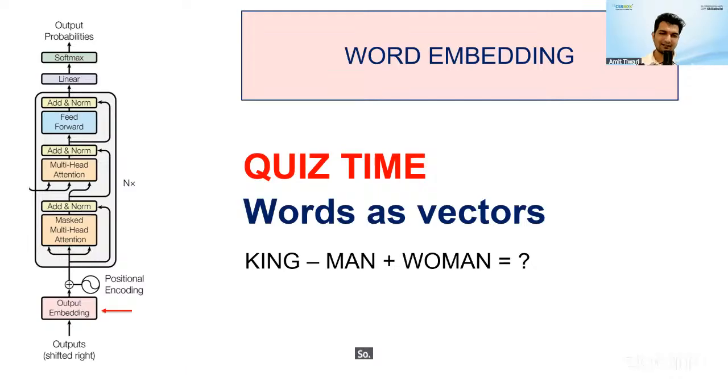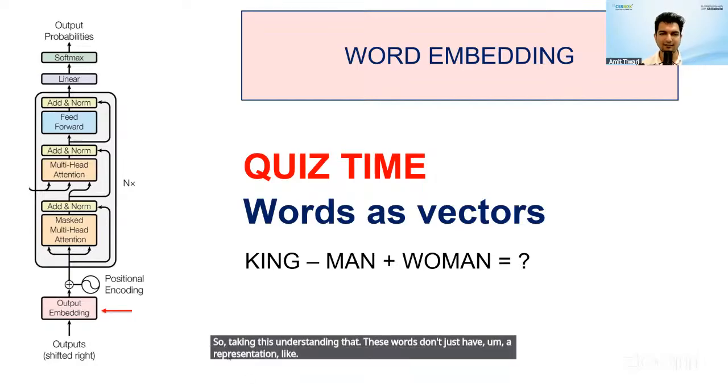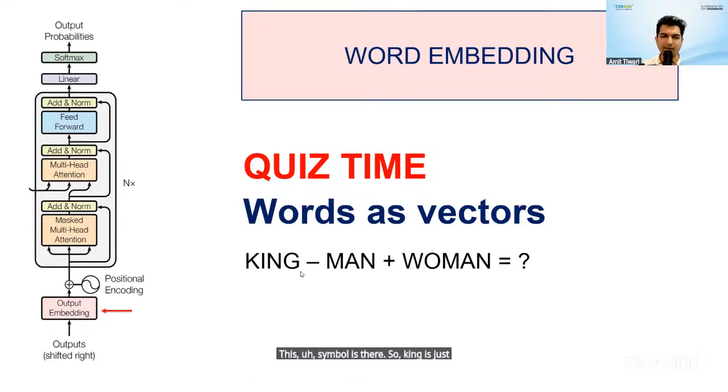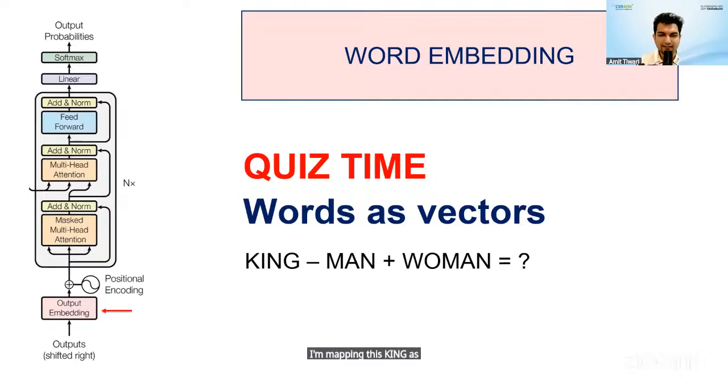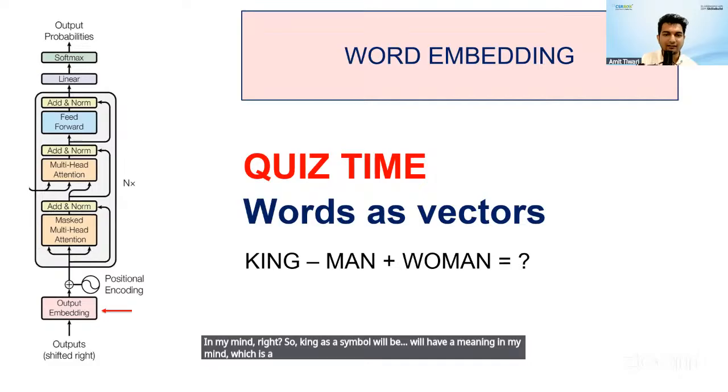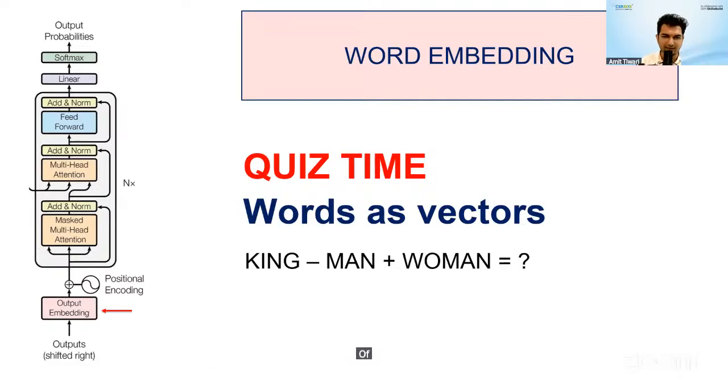So taking this understanding, these words don't just have a symbol. King is just a symbol, right? It also has a representation. If I say king, then in my mind I am mapping this symbol to a meaning, which is a position or a leader of a society.